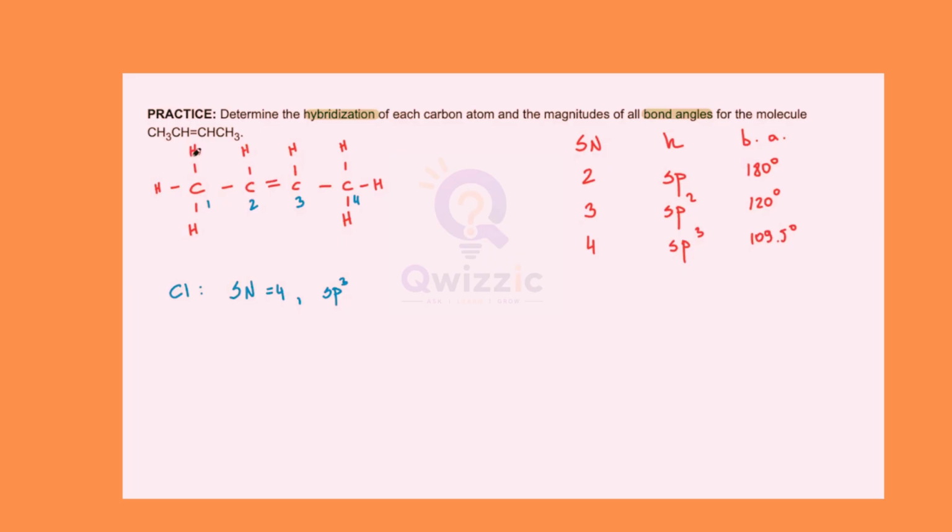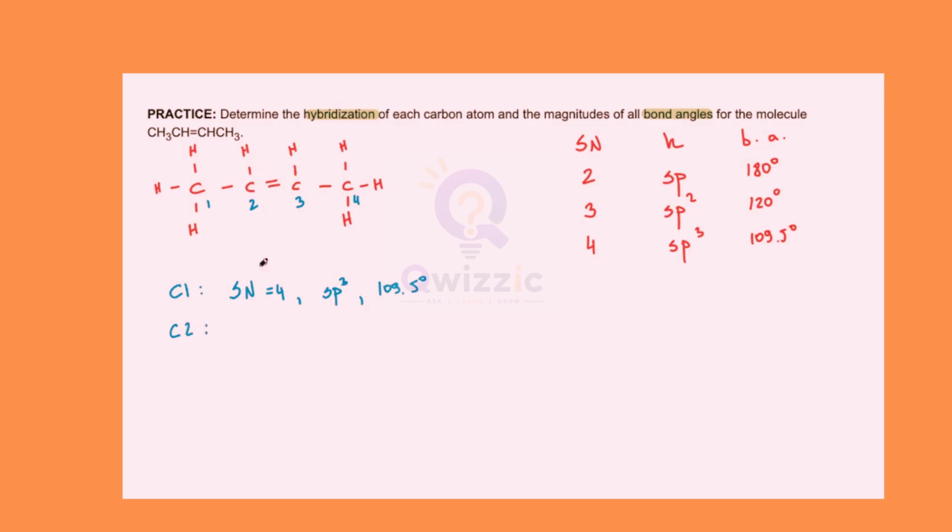So in this case, an sp3 hybridized carbon would correspond to bond angles of 109.5 degrees.